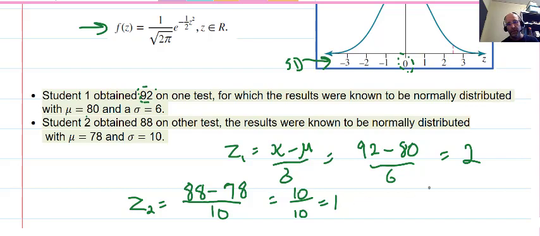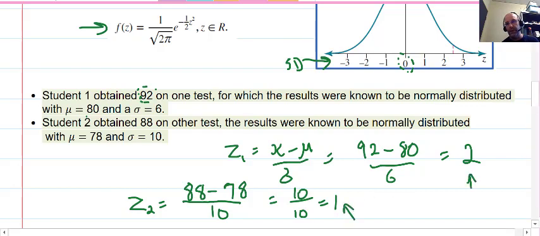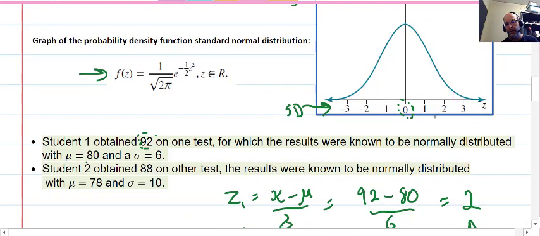Well, we can look at this student here at 2 standard deviations above the mean, and this one at 1. So on the graph, for student 1 up here, there's only a fairly small number of students ahead of them. In the next video we're going to talk about the percentages that relate to that.